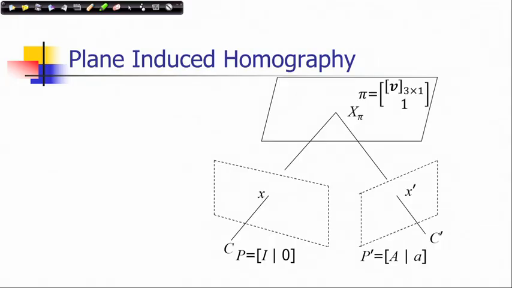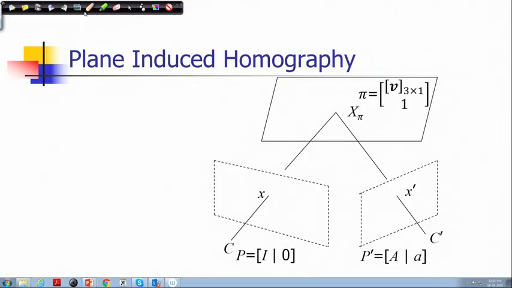Instead of small m, we are using capital A and small a in this particular representation. And we have a plane which is given by this algebraic representation. As you can see, this is the equation of a plane, the representation of a plane in the homogeneous coordinate system of a 3-dimensional projective space.